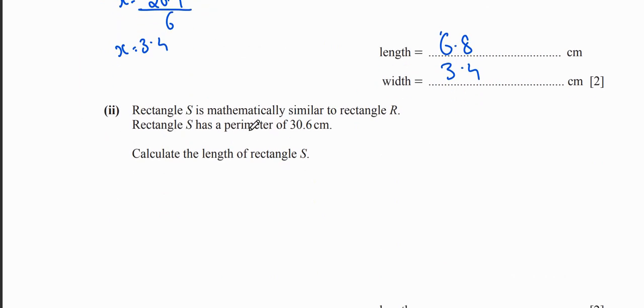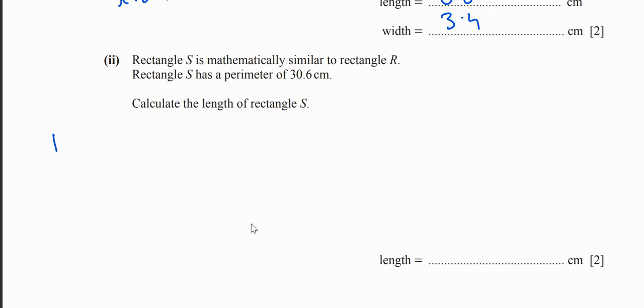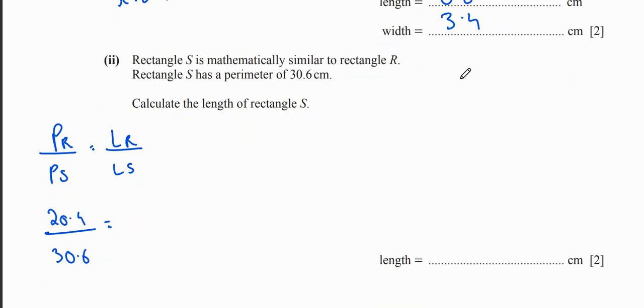Moving on to the next question, it says rectangle S is mathematically similar to rectangle R. Rectangle S has a perimeter of 30.6. Calculate the length of the rectangle. The best way to do this question is like this. You will write perimeter R upon perimeter S is equal to length R upon length S. Perimeter R is basically how much? 20.4. Perimeter S is 30.6, equal to length of rectangle R, which is 6.8, we calculated it.